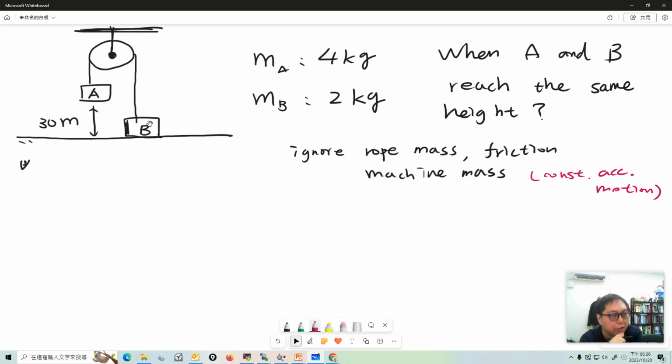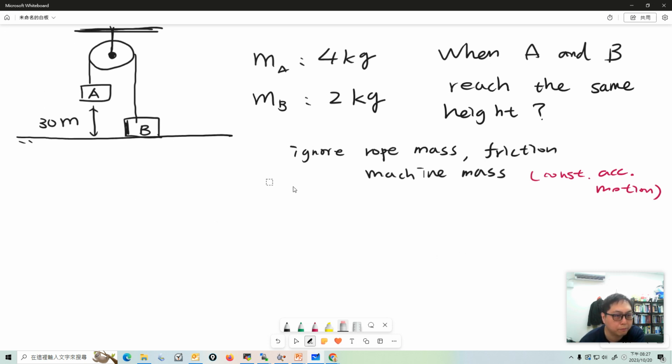They must have the same acceleration. So let's just make this assumption. We don't want to discuss it in very much detail; this is just a practice.